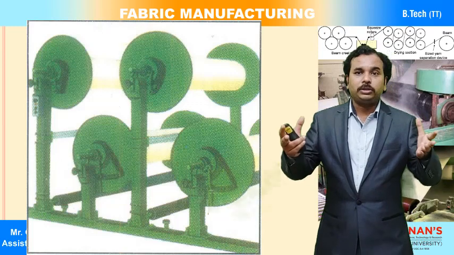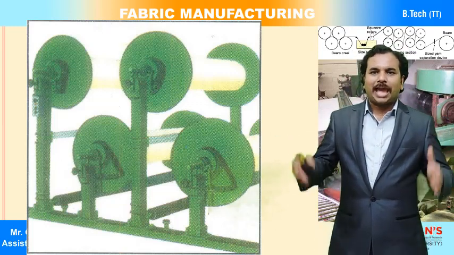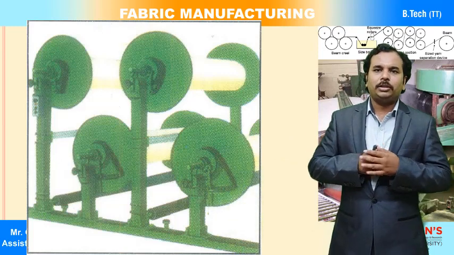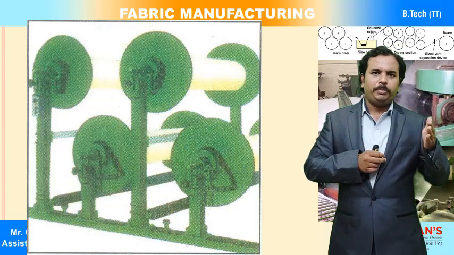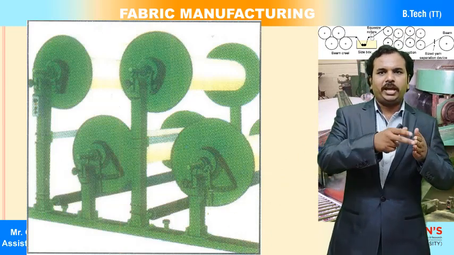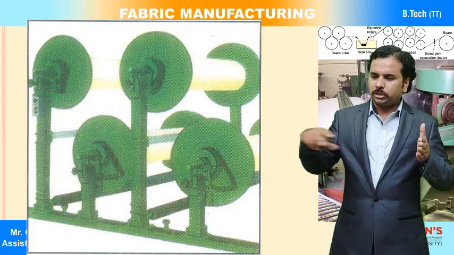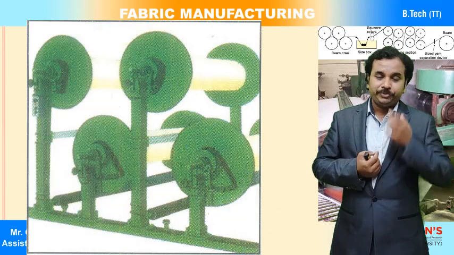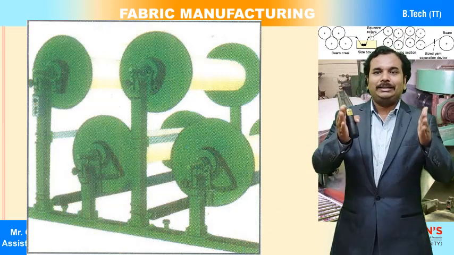The axis is the same from beam to beam throughout the creel section, nothing but beam 1, beam 2. The axis of the beam, the flanges in the beam, should be followed in the second one, third one, like that. Only then will your warp sheet be taken in the exact way.